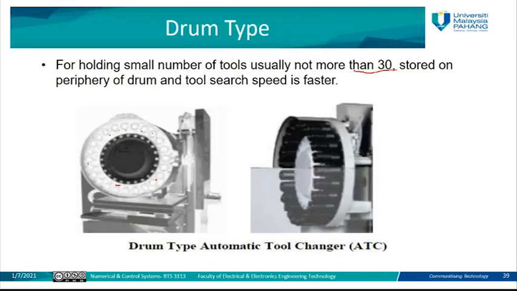If the machine uses such a number of tools, it uses this type of ATC. Searching for the tool is also faster because its shape is circular, for rotating, and the number of tools is limited, so it can easily reach the required tool.